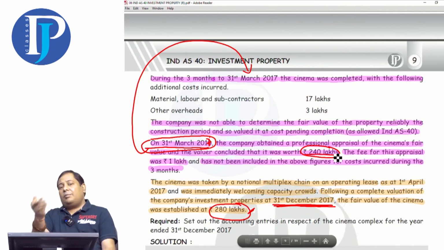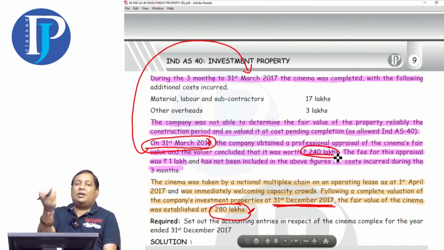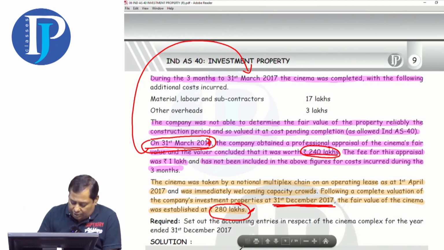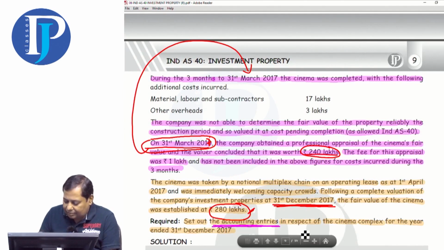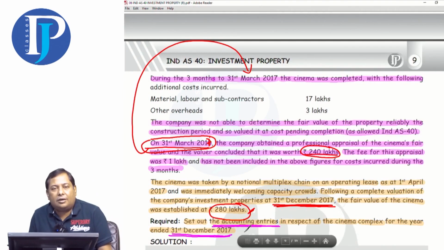Now, the requirement of the question depends on what date's accounting the question asks for. So the question asks me to set out the accounting entries in respect of the cinema complex for the year ended December 31st, 2017.